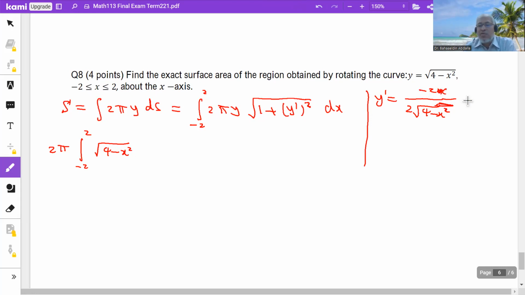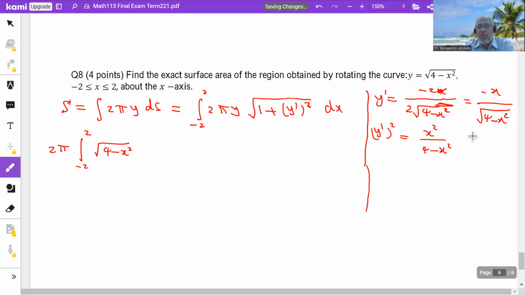So you can cancel 2 with 2, and y prime would be negative x over the square root of 4 minus x squared. I need y prime squared. It would be x squared over 4 minus x squared. The negative disappears with the squaring, and the root also disappears when we square.